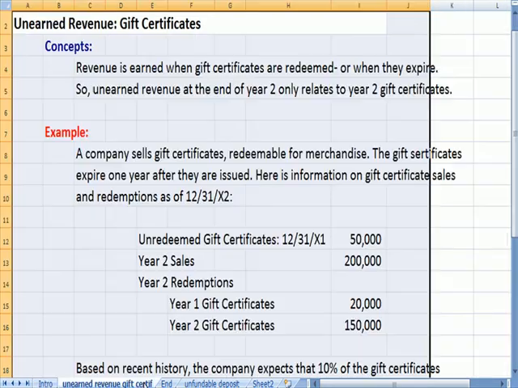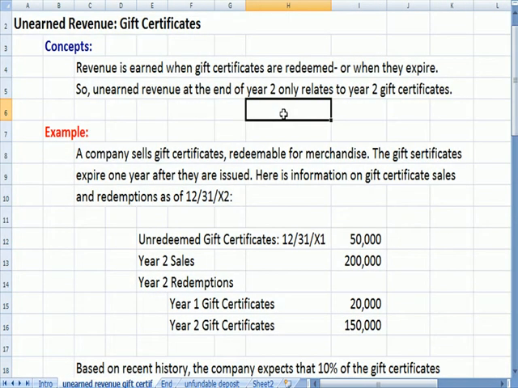So the first topic I'd like to cover is unearned revenue, and gift certificates are a good example of unearned revenue. It's not just that somebody walks into a store and buys a gift certificate. The other part of what needs to happen is, in order to recognize earned revenue, you also have to consider that there's a time period during which the person who has the gift certificate can either redeem it or it expires.